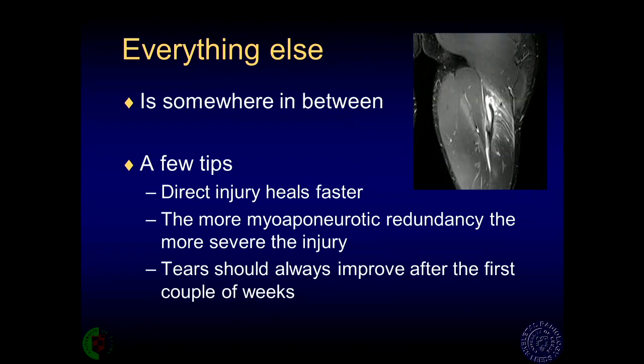So the O'Donoghue really is almost like a binary assessment where all tears virtually end up as grade 2. The BAMIC system is quite nice. It's based around whether there's tendon involvement at the tear site, but I find it very hard to use in practice for 2 reasons. The first reason is it's hard to tell where the tendon starts and finishes because these tendons extend intramuscularly for quite a long way.